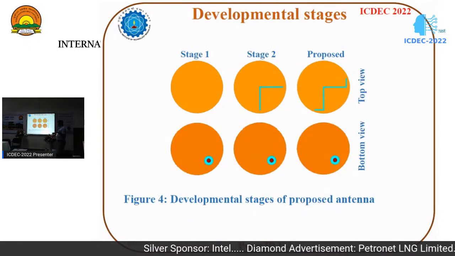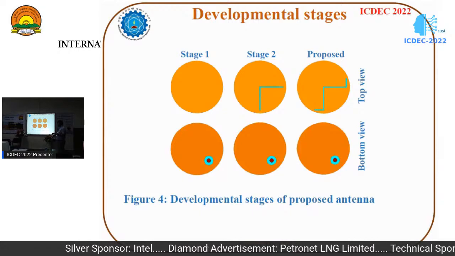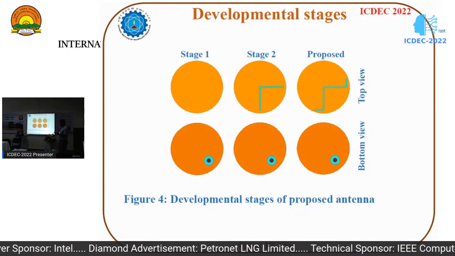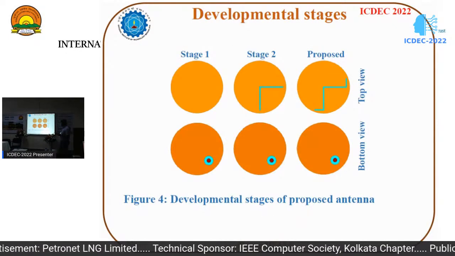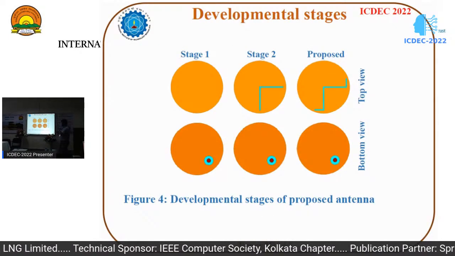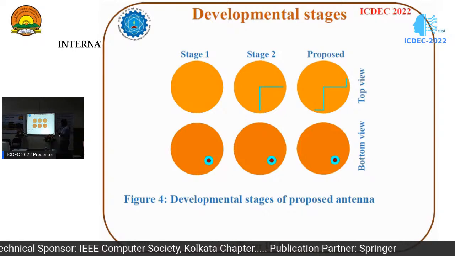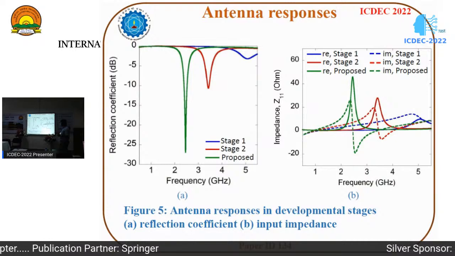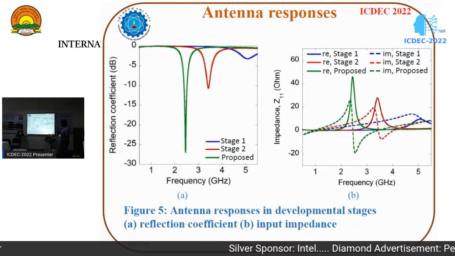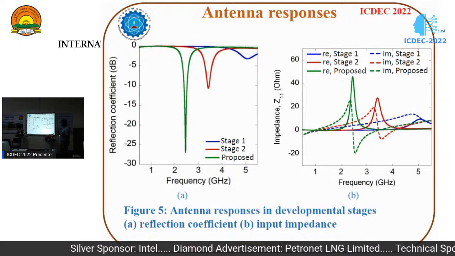In developing that design, I went through many developmental stages. First I took the circular shape, then to increase the electrical length, I took the slot. From this figure, in stage 1, the antenna is resonating somewhere at 5.09 gigahertz, but the matching level is very poor.